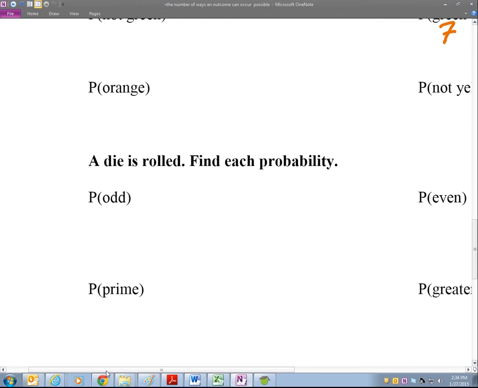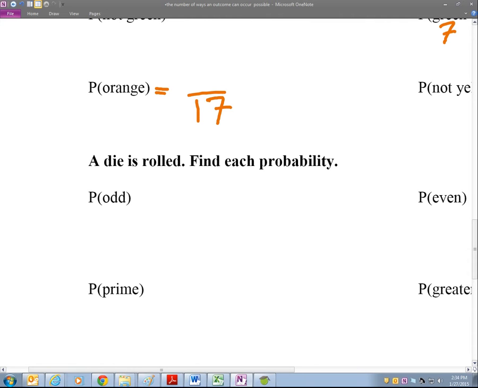Now, how about this one? We still have 17 marbles in there. What's the probability of pulling an orange one, Deja? Pulling an orange marble out of our bag? How many orange marbles are in there?